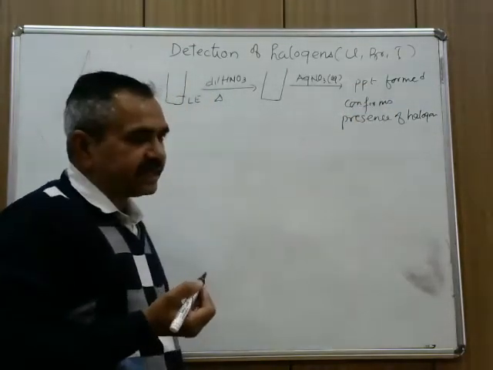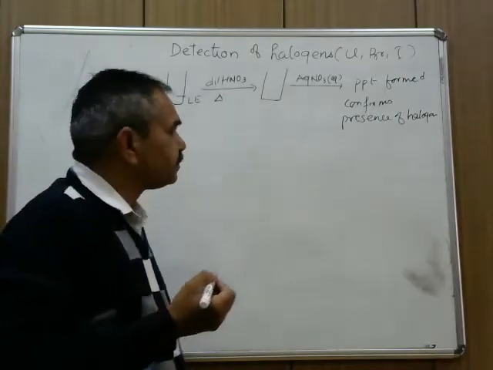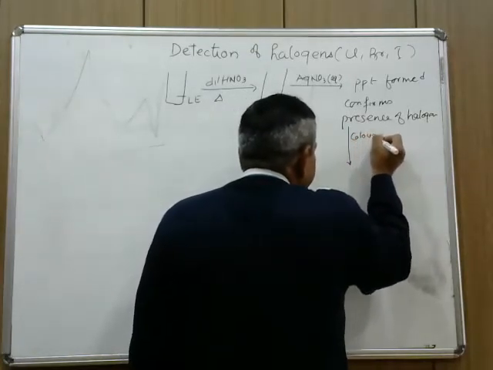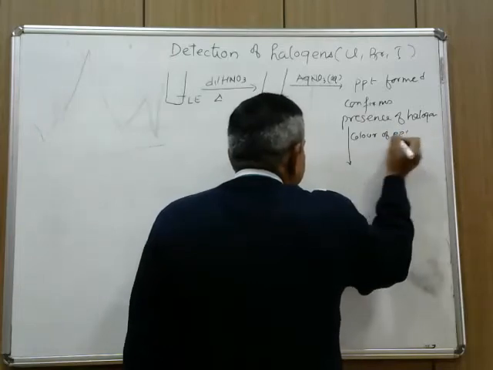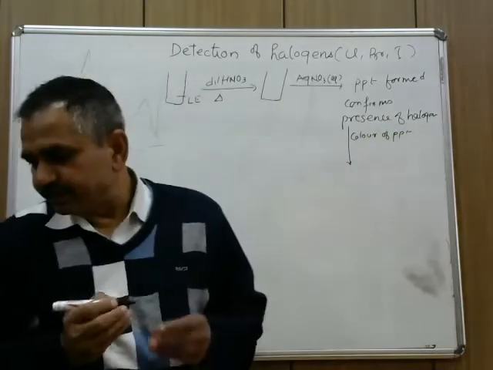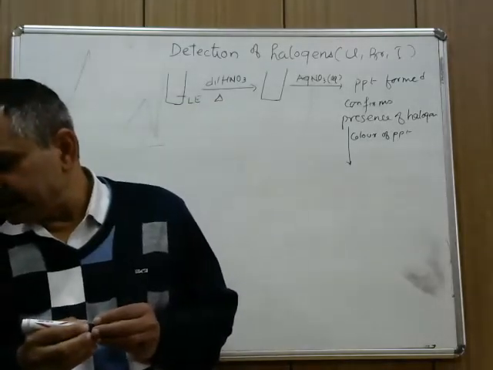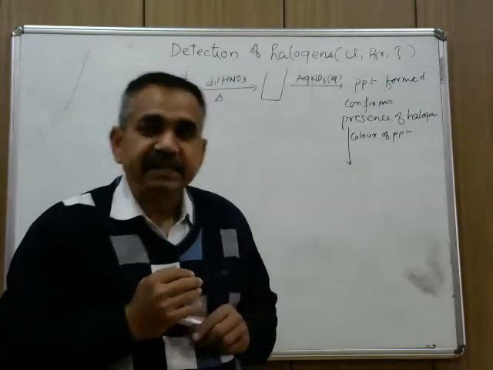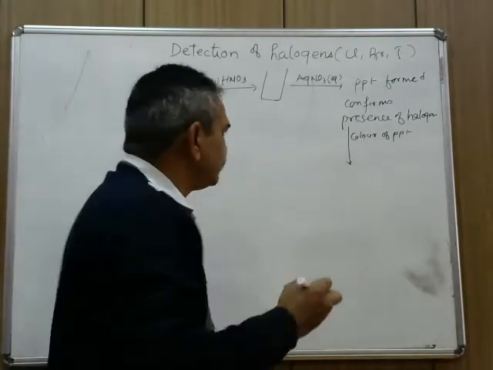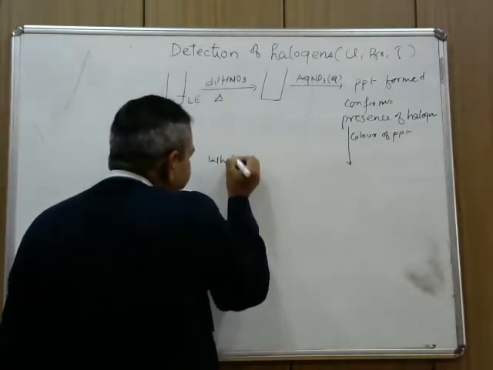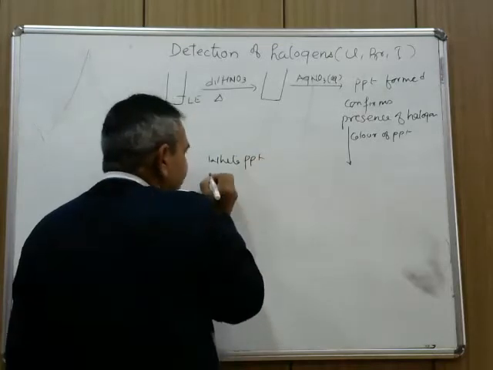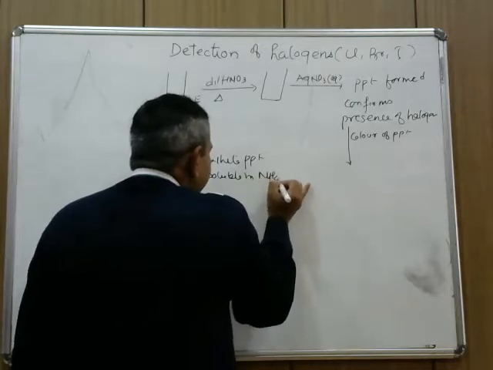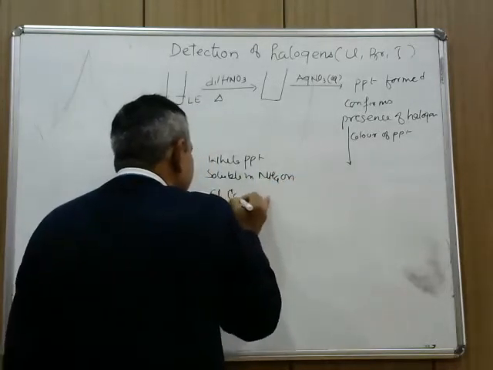Then the color of the precipitate and its solubility in ammonium hydroxide tell about the nature of the halogen that is present. So if there is a white precipitate which is soluble in NH4OH, chlorine is confirmed.